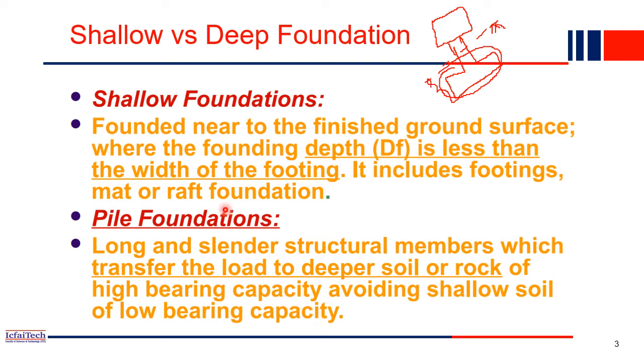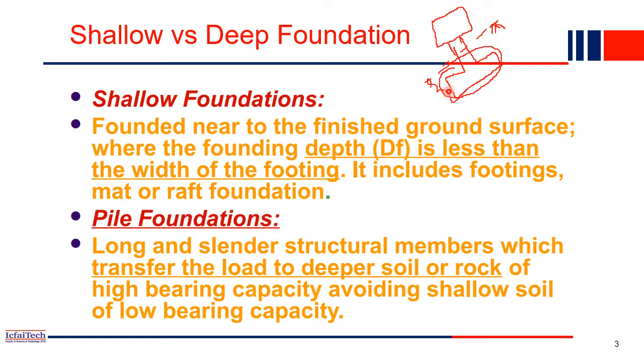So the next question is, when we can construct a shallow foundation, why do we need a pile foundation or deep foundation? Because, as I mentioned, depending on the soil quality, if the soil quality is very bad, then the length below the ground surface will be very high, because your structure should stand on a hard soil or a hard strata.